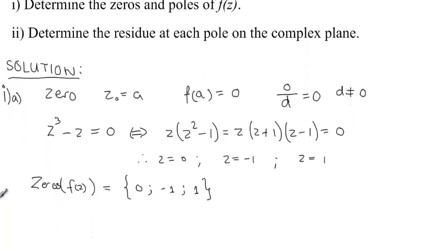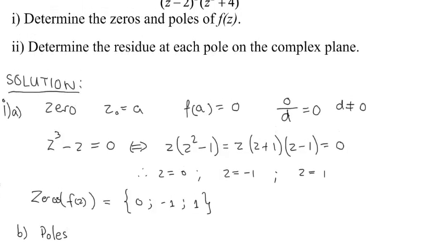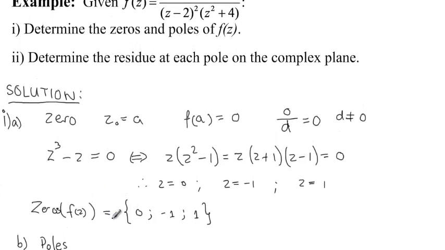Part B of 1 will then determine the poles. Now, the poles are precisely the zeros of the denominator.